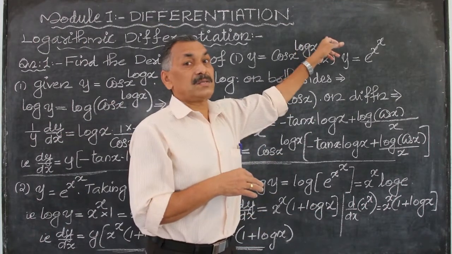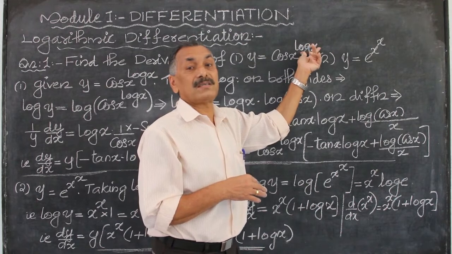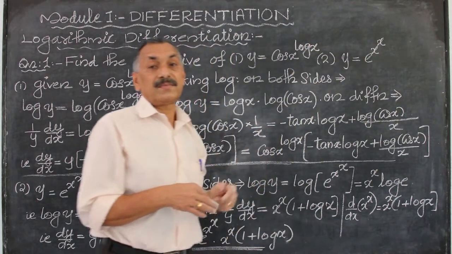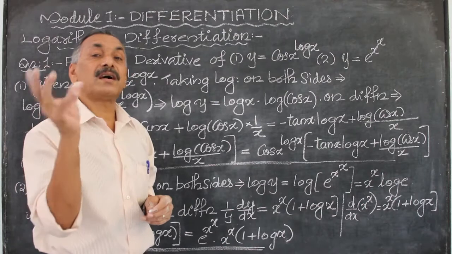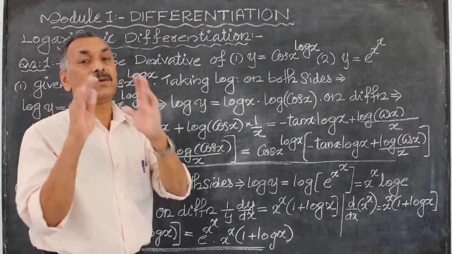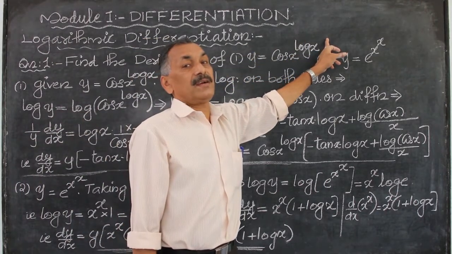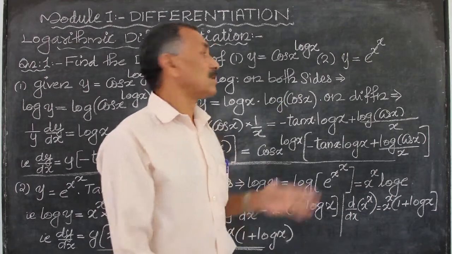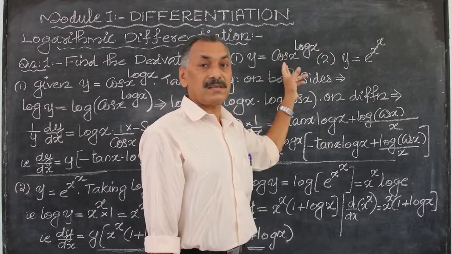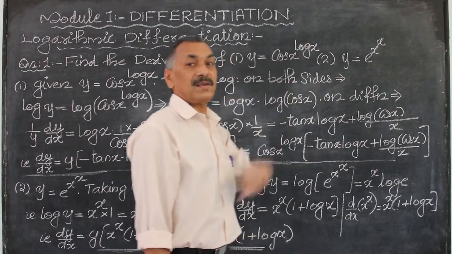Cos x raised to log x, the exponent will be a function. The x raised to x. So if the exponent is again a function, to find the derivative we consider logarithmic differentiation. Now suppose the problem is only, find the derivative of cos x raised to log x. Then let y is equal to cos x raised to log x, then find dy by dx, the derivative of y.